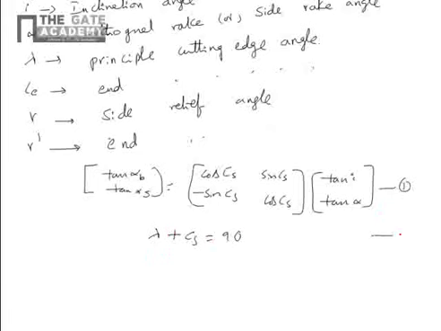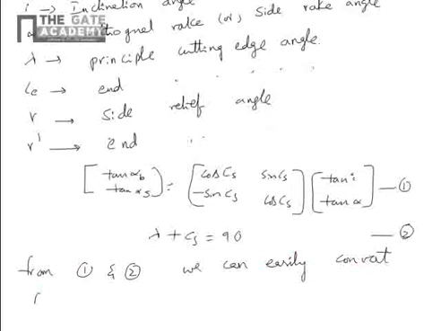So using equations 1 and 2, we can easily convert from ASA to ORS. They sometimes ask questions on this. So if you remember the matrix formulation, then you substitute the values of CS.